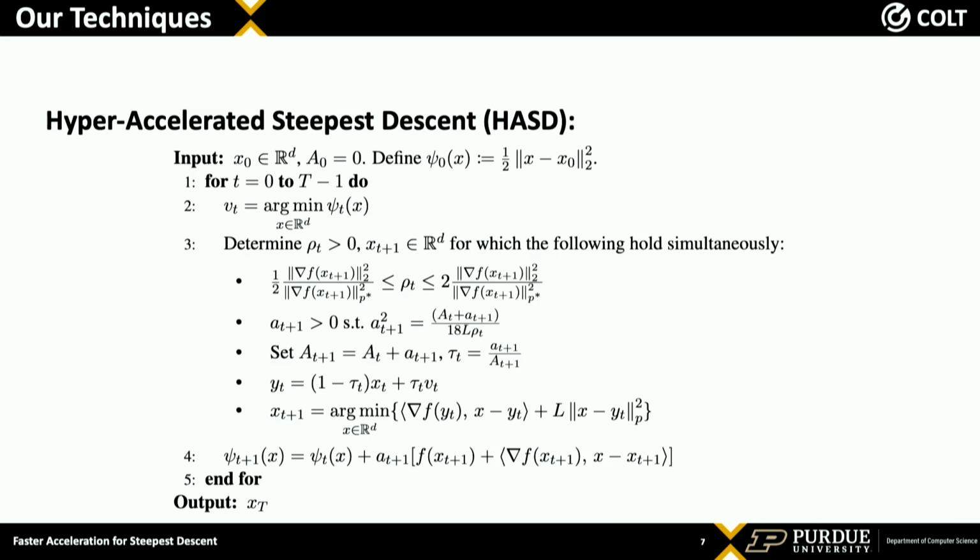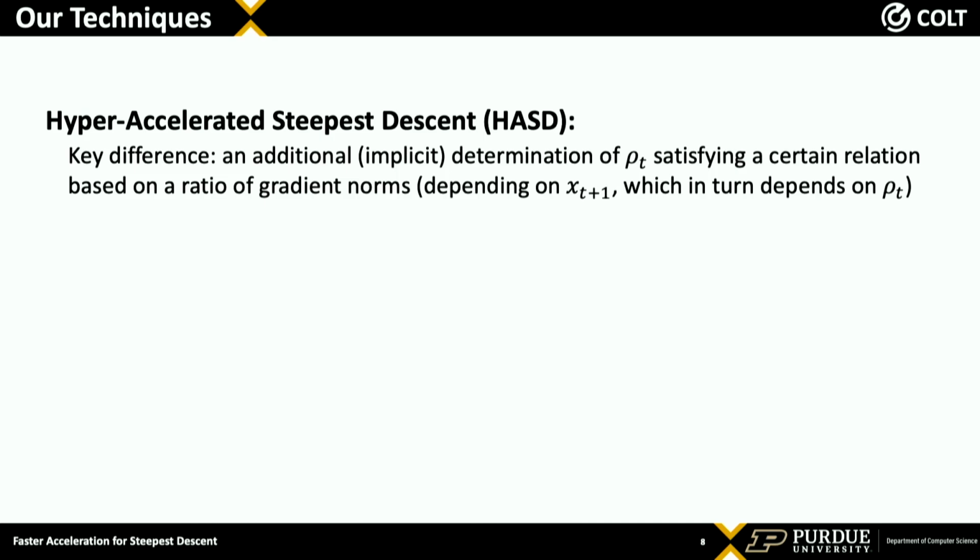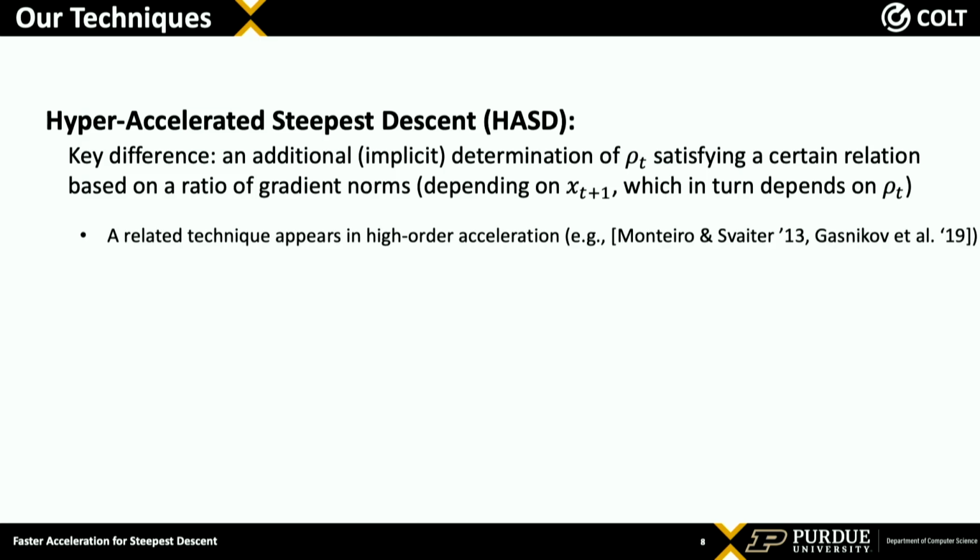All of this is to say that we have some extra mechanism for acceleration that looks very similar to that of Monteiro-Svaiter acceleration, for those that are familiar with this, though there are a couple of key differences. Specifically, we have this implicit relation between x_t, rho_t, and the sort of implicit update, right?